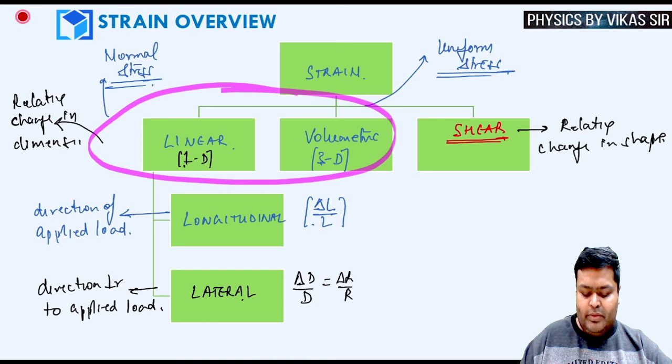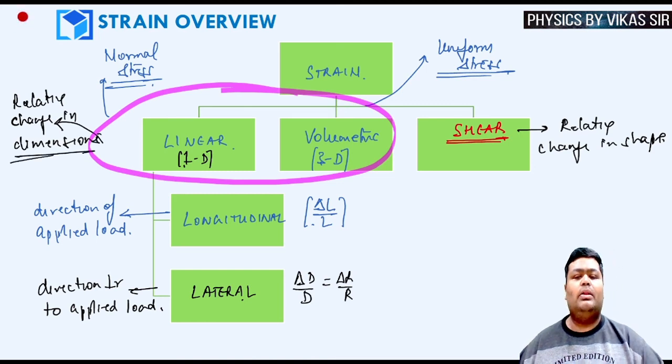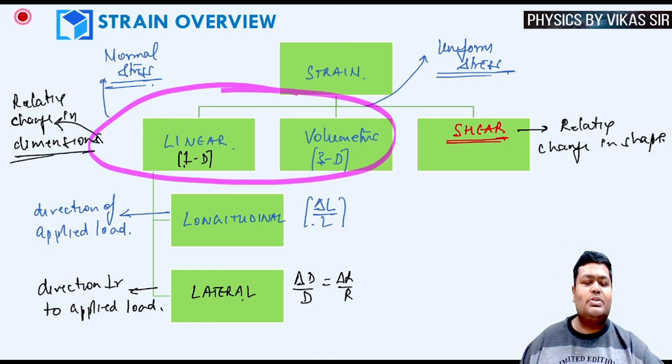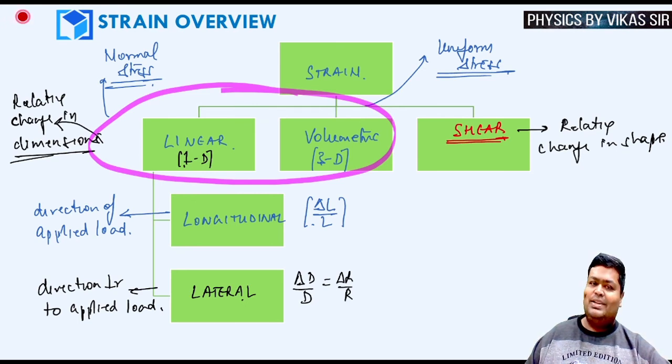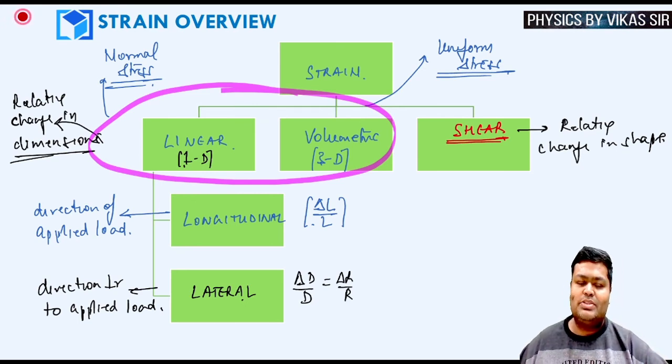So we are pretty much clear with the article of the strain now. Do remember that the strain is a dimensionless quantity and it doesn't carry any units. And the strain is always under the influence of the stress.